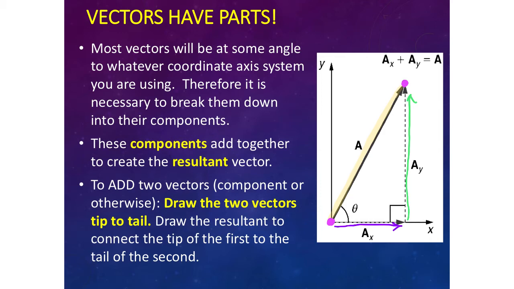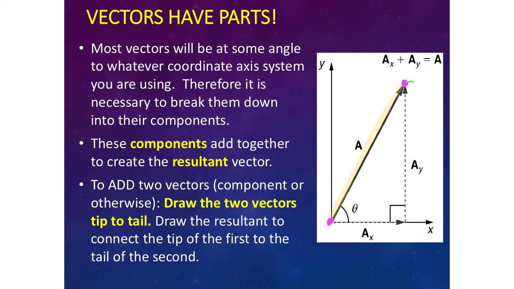And if I followed that second path, and I followed the horizontal vector until I reached this point here, and then I followed the vertical vector, I would end up at the same place. Essentially what I'm saying here is that these two vector parts, or components, actually add up to the main vector.